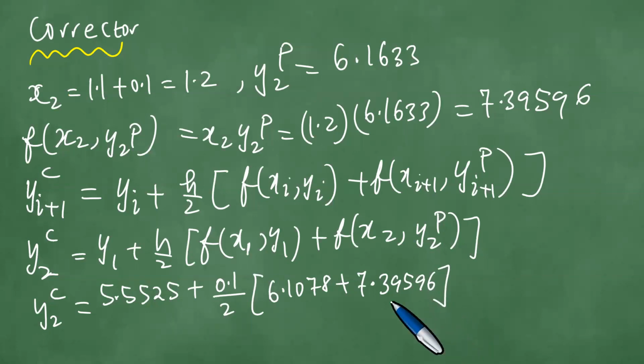Okay, let me just do this carefully on the calculator to verify what this works out to. 5.5525 plus 0.1 divided by 2, times 6.1078 plus 7.39596.